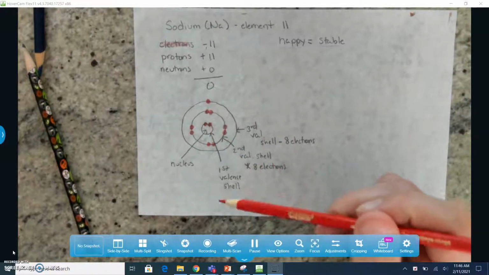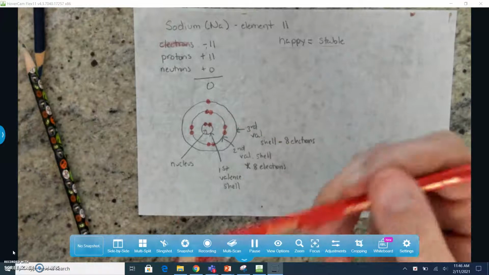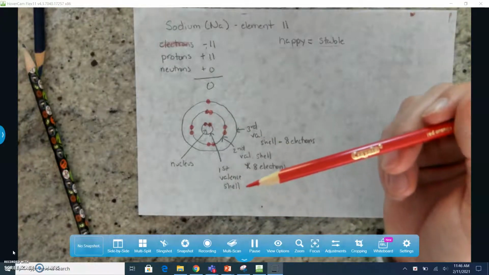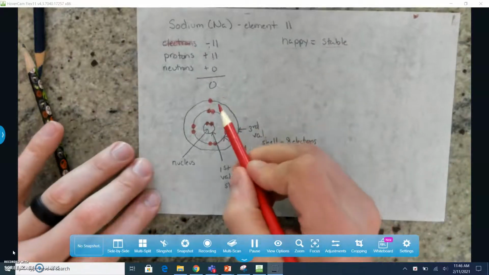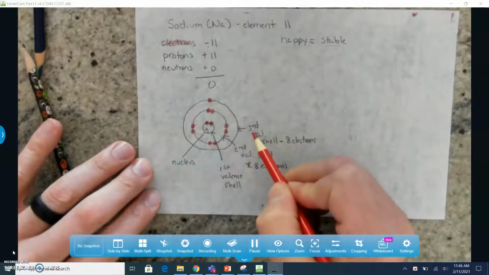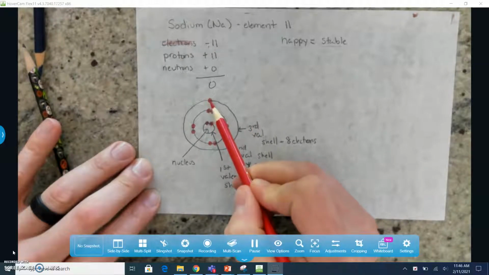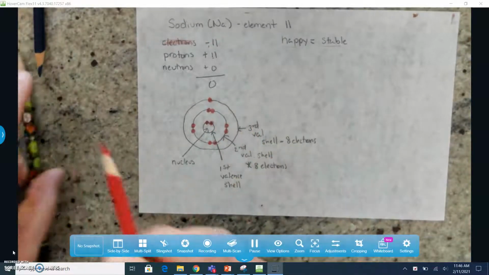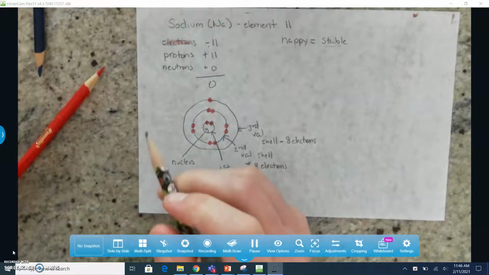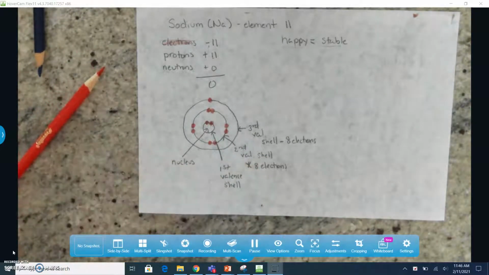So I can do one of two things to make the outermost valence shell full. I can either somehow find 7 electrons to slam into this third valence shell, or I can make this electron go away. It's definitely easier to get rid of 1 than to gain 7.